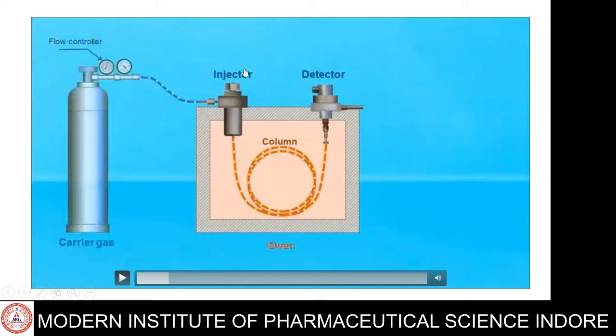Here the injector is connected, and the detector, flow controller and carrier gas. Carrier gas from the tank passes through the valve and flow rate is maintained by the flow controller, at 1 to 1000 ml per minute, and pressure is 1 to 4 atmospheric pressure.